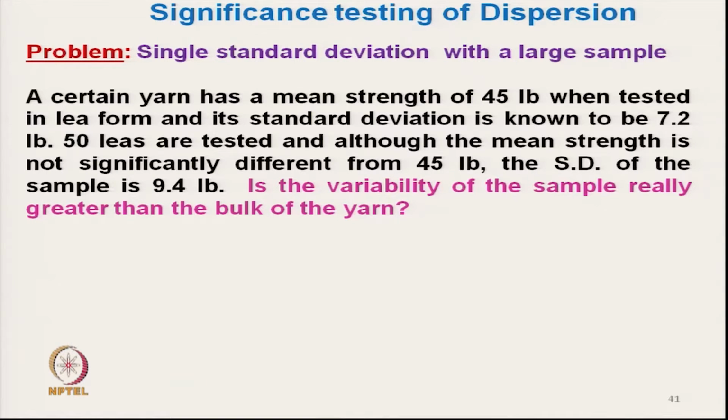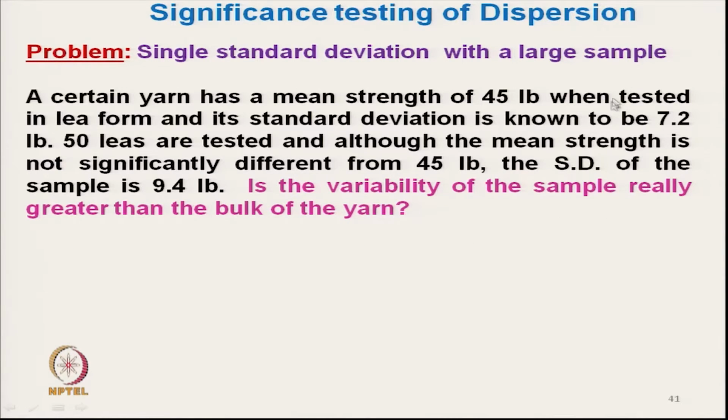Suppose the yarn is giving 45 strength, but the standard deviation of the sample is 9.4. Our targeted nominal standard deviation is 7.2, which is acceptable, but it is giving 9.4. Now, our problem is to know whether the variability of the sample is really greater than the bulk sample.